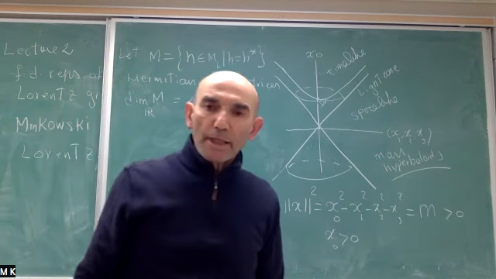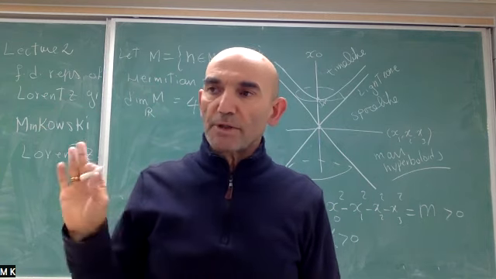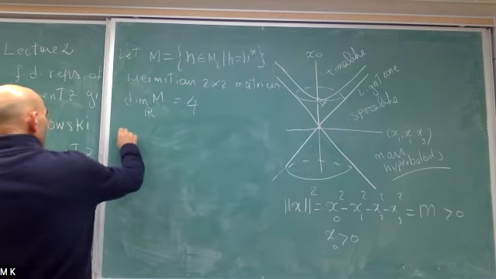Now we can actually write an explicit linear isomorphism, a real linear isomorphism, between this and R4. So let's write it.